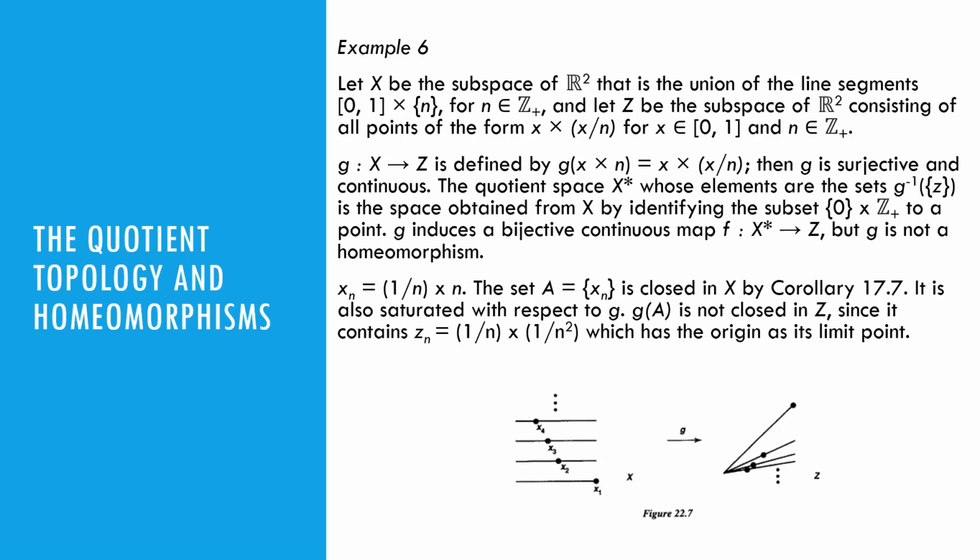So to prove that it is not a homeomorphism, we have to show that G is not a quotient map.